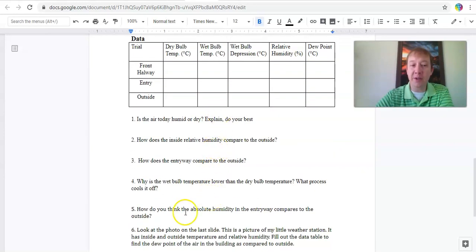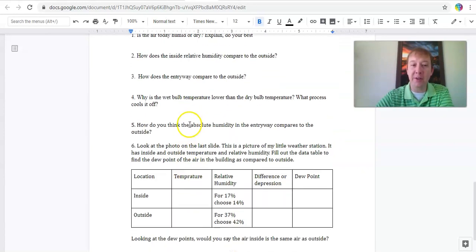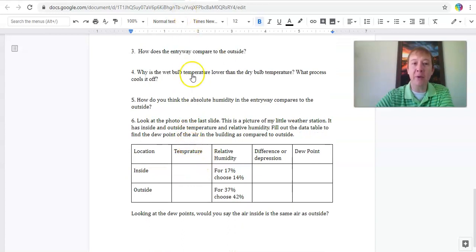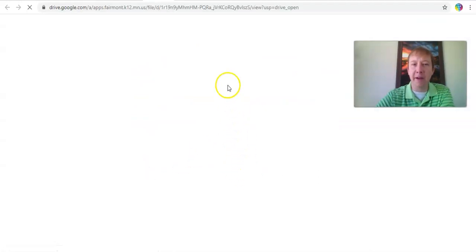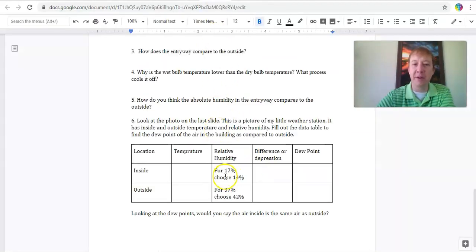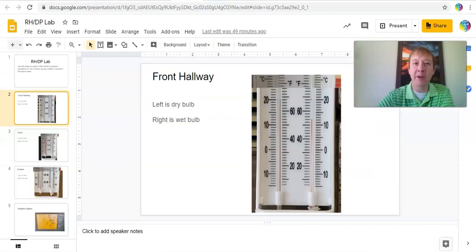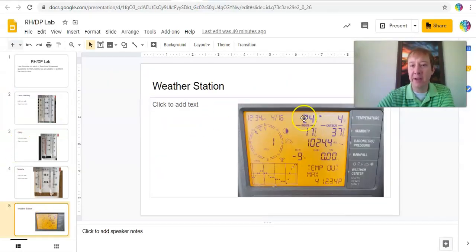Then we also have some questions here as well that you can use to answer. So for the last photo, and remember on the actual chart, you can actually see like 17% or 14% relative humidity. So you can see inside we have 17% humidity. So that's what you have to kind of base that off of.